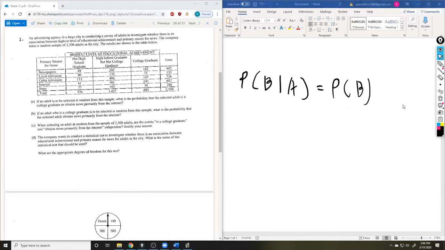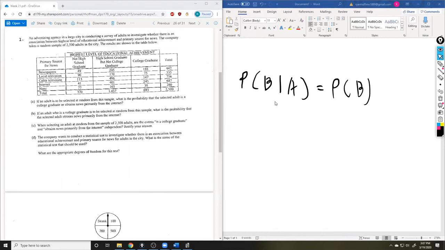And what this equality says is that this doesn't change. So if I know A has happened, that doesn't change the chance that B happened. For the coin flip example, knowing that the first flip is heads, event A, doesn't change my chance of the second flip.